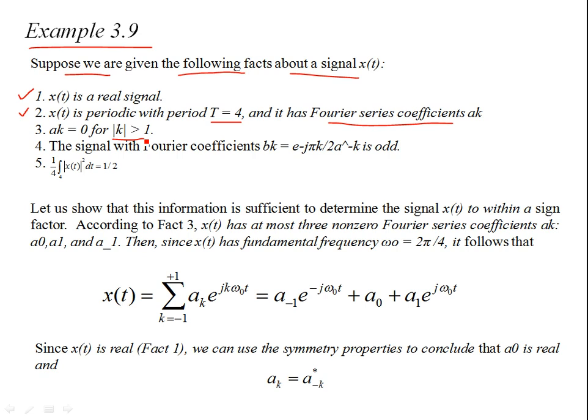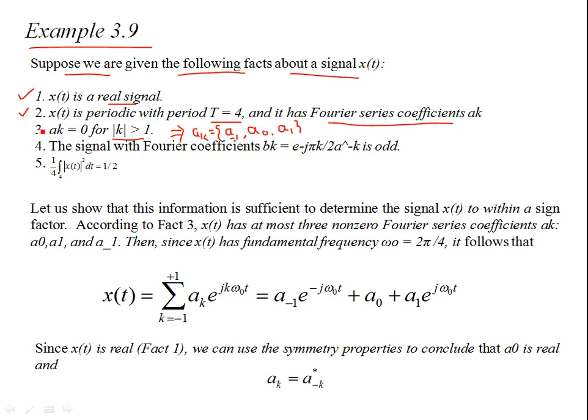That means there are 3 non-zero Fourier series coefficients, which are a minus 1, a naught, and a1. This is the non-zero set of Fourier series coefficients. Otherwise, the ak's are 0. And since xt is real, we can also say that a naught is real.